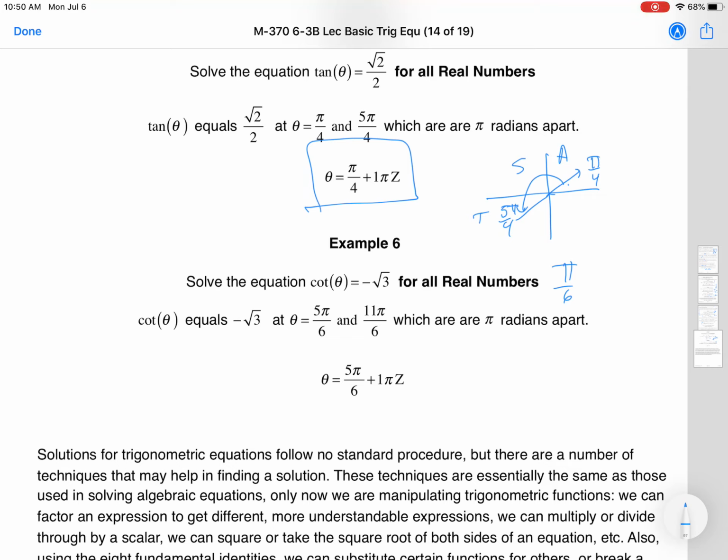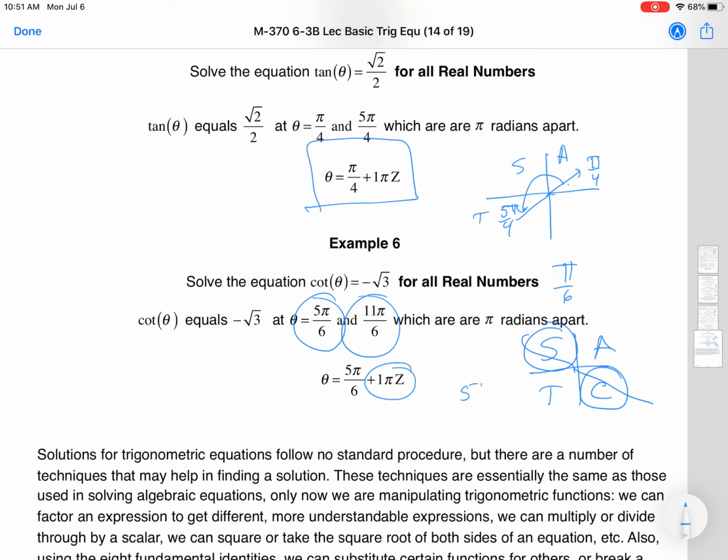So that homework you do in that second section, or 1b, I guess, is really, really important. So a pi over 6 reference angle, but cotangent, all students take calculus, is negative in the second and third quadrant. So that's where they're coming up with 5 pi over 6 and 11 pi over 6. But look, they're right across from each other, so therefore we can get by with just a single pi.